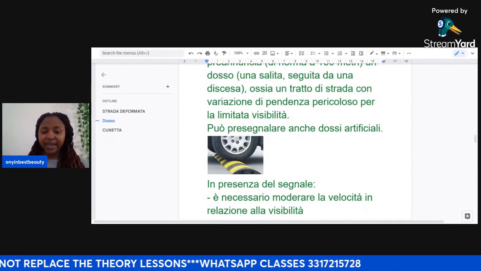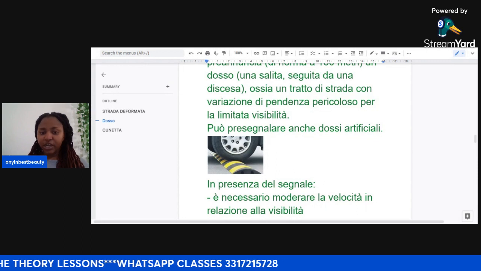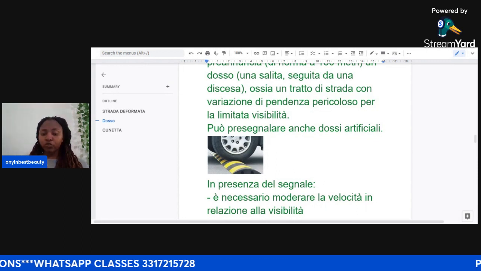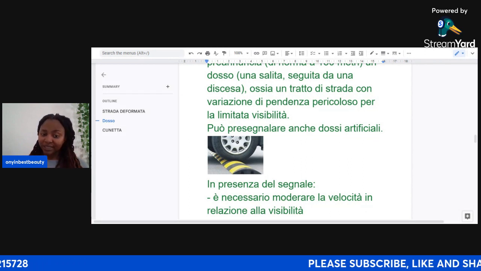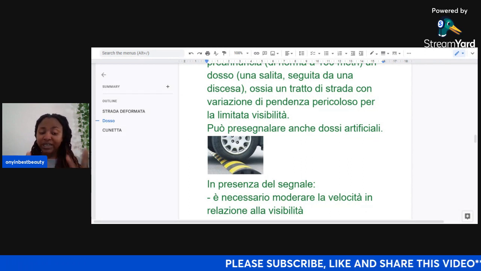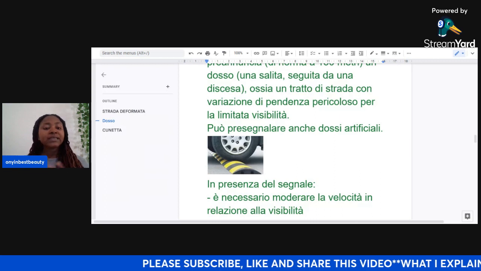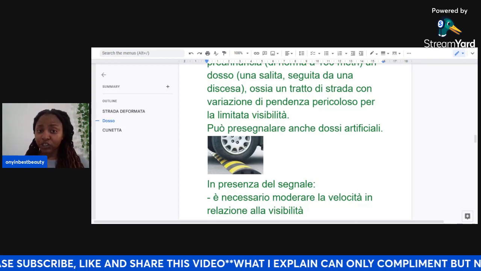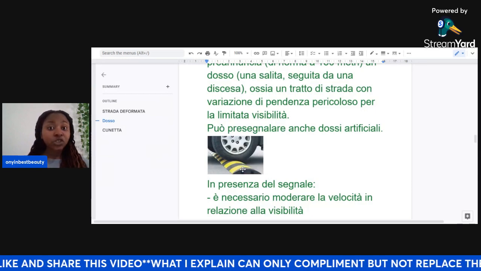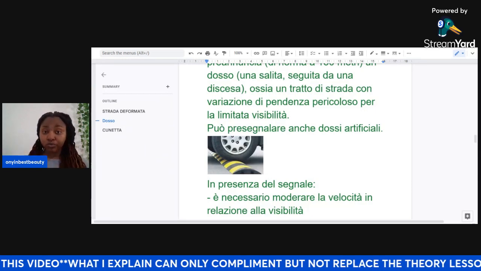Puoi segnalare anche dossi artificiali. Now this road, you get variation of slope, okay? Dangerous one at that, where they limit your visibility, your seeing of the road. Puoi segnalare dossi artificiali. What do you mean by dossi artificiali? This one. Artificial one, okay? Unlike the main one you see on the road, hills.